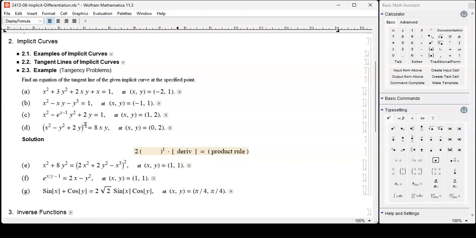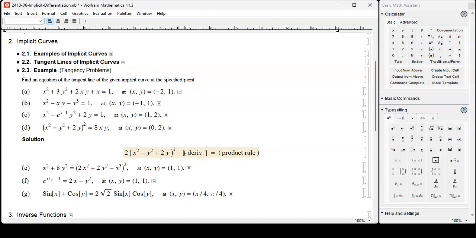So outer function first: 2 comes out and subtract 1 from the power. Inside never changes. And then we have to multiply by the derivative of the inside. That's going to complete the chain rule. So shall we put in the derivative here? 2x, and the derivative of y squared is 2y times y prime, and then plus 2.